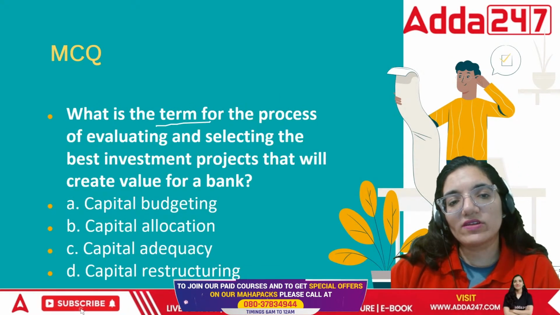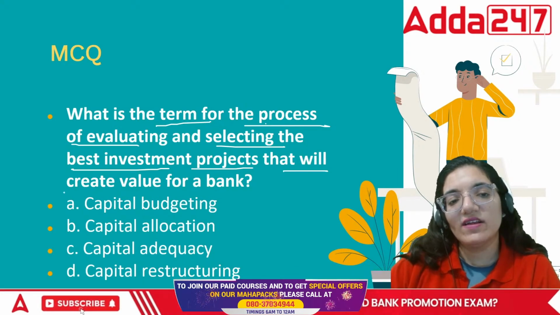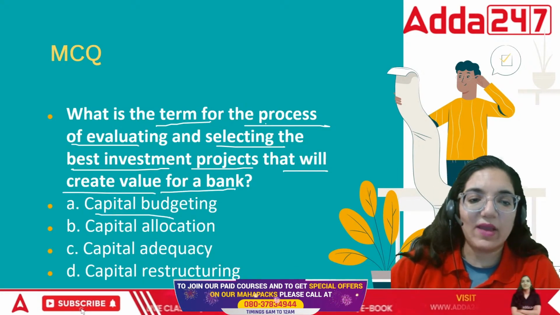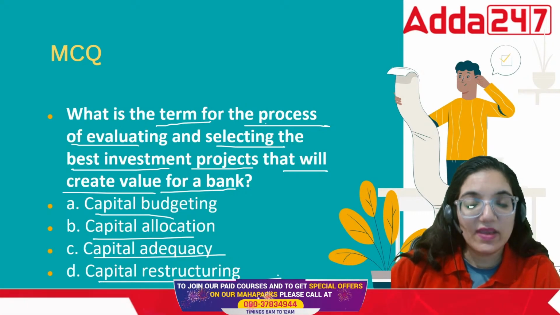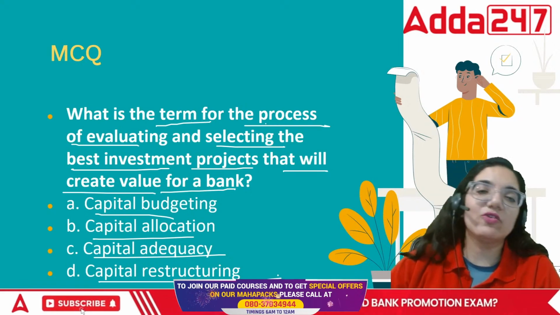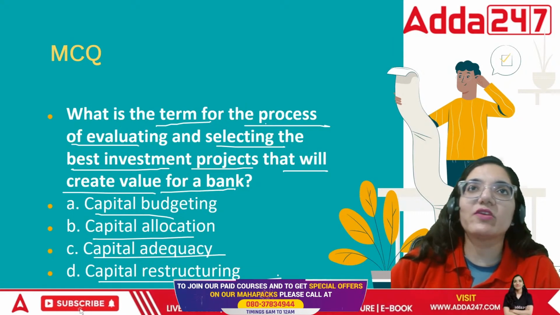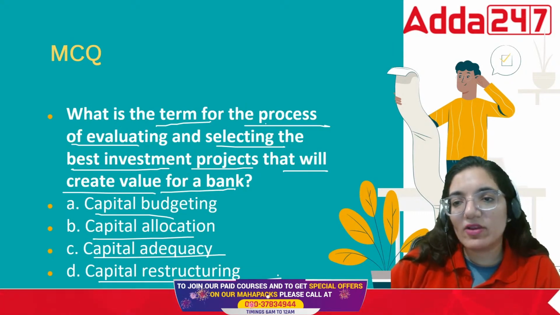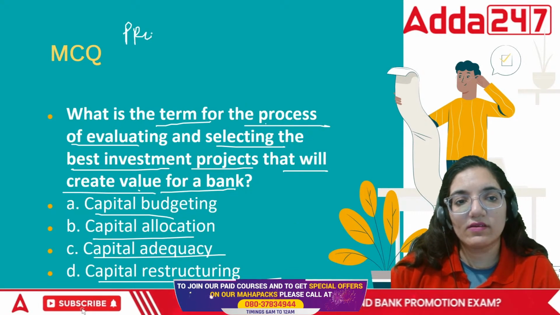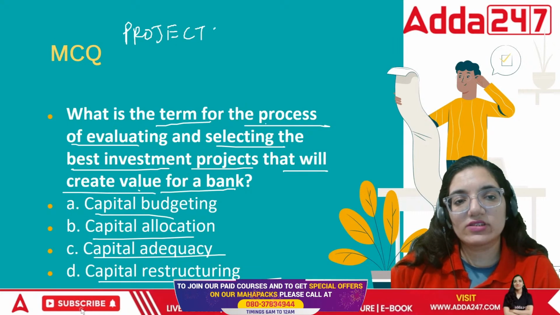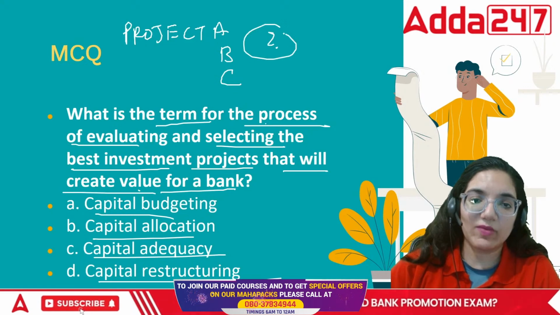What is the term for the process of evaluating and selecting the best investment projects that will create value for a bank? Capital budgeting, capital allocation, capital adequacy, and capital restructuring. Capital budgeting is if I want to buy a new asset, I'll always be worried what is the benefit I'm going to reap out of it after a certain period of time. Then we have capital allocation, where should I put my money? In project A, in project B, in project C, where should I exactly put my money?